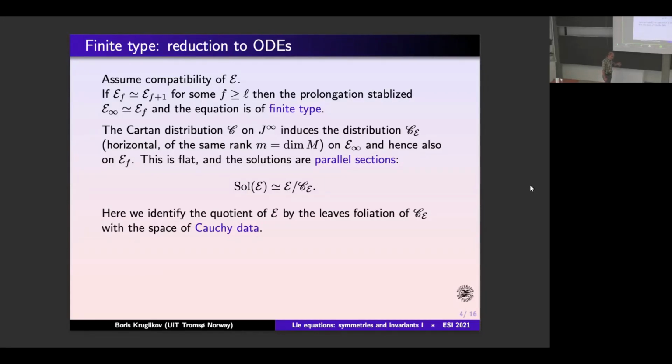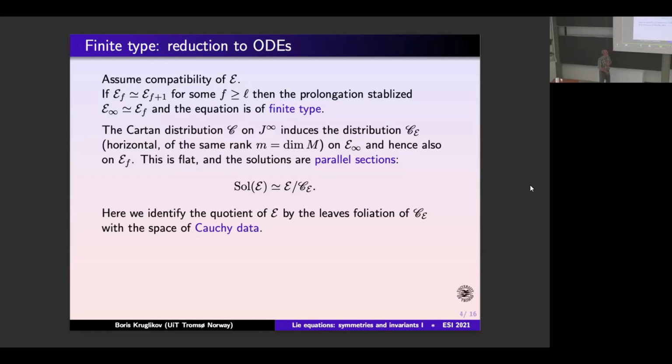If the bundle is linear, the equation is linear, then it's just a linear connection. It's a finite type, right? So in this case, you have analyticity and also uniqueness.